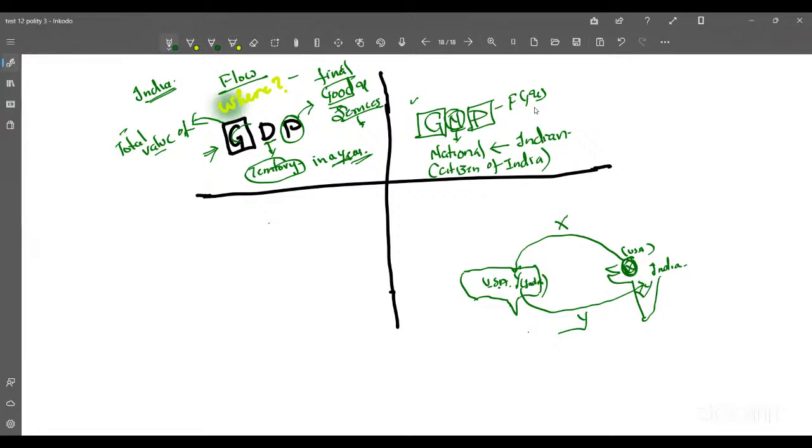Where is this money generated? India. Within India, within the territory of India.